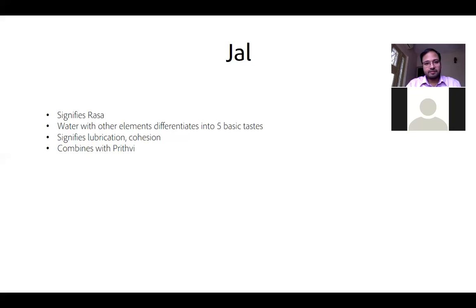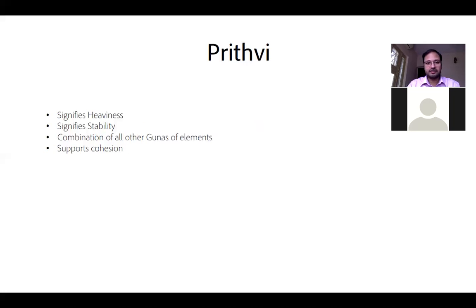Jal readily combines with prithvi, and that is how we have two elements that give rise to a stable structure that we'll see in the next element, and that is prithvi. So when we think about prithvi, the most important thing that comes to mind is stability. So this is the only element of all the five elements where we have a concept of structure.